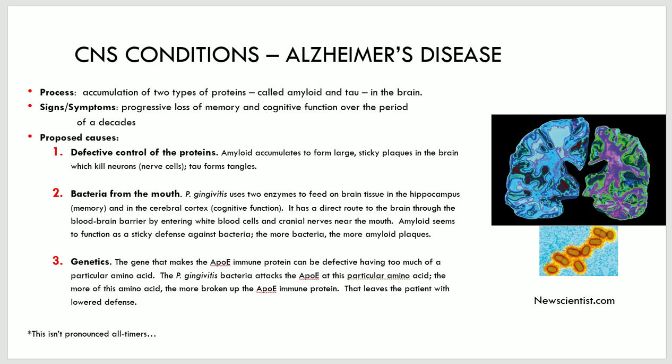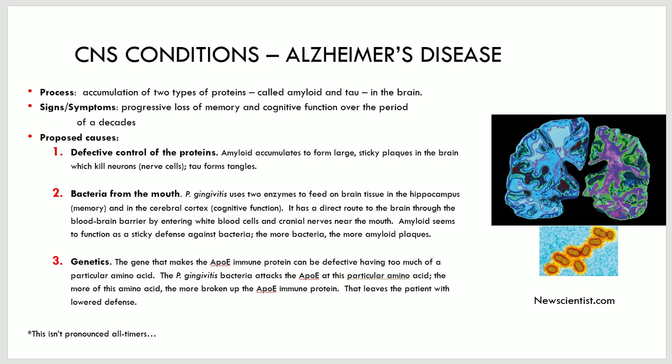The more bacteria, the more amyloid plaques. So basically, amyloid is a defense against bacteria. Maybe the amyloid plaques are a direct result from the bacteria of the mouth, but a significant amount of people with confirmed Alzheimer's that have had dental work done showed correlation with this type of bacteria and amyloid protein buildup.